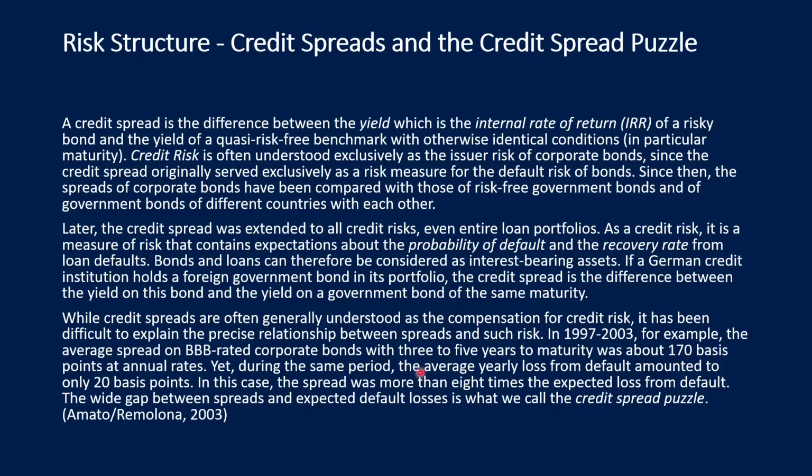Yet, during the same period, the average yearly loss from default amounted to only 20 basis points. In this case, the spread was more than 8 times the expected loss from default. The wide gap between spreads and expected default losses is what we call the credit spread puzzle.